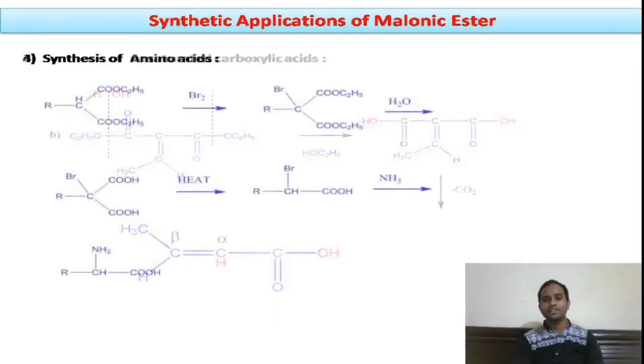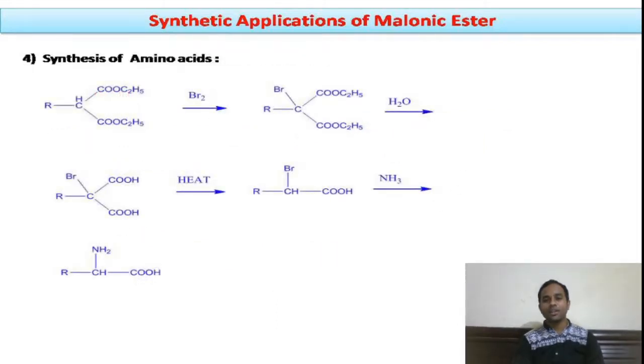Coming to the next synthetic application of malonic ester, this is a very important synthetic application: we can synthesize the amino acids. You know, amino acids are the monomers of polypeptides, that is proteins. These amino acid monomers can be prepared from the malonic ester.